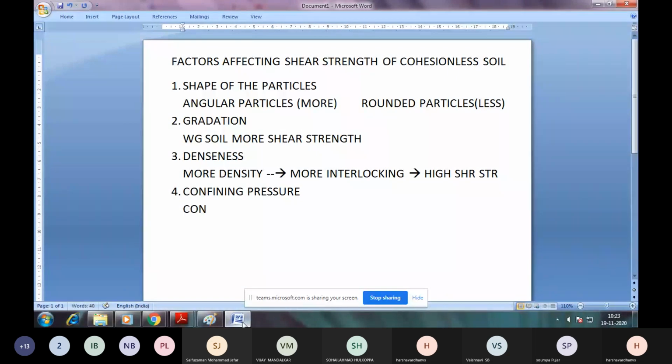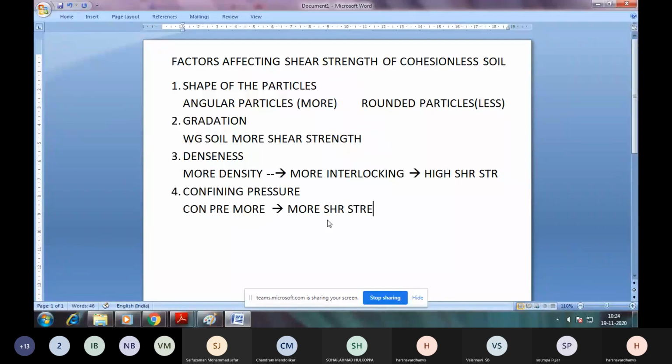If the confining pressure is more, its shear strength will also be more.